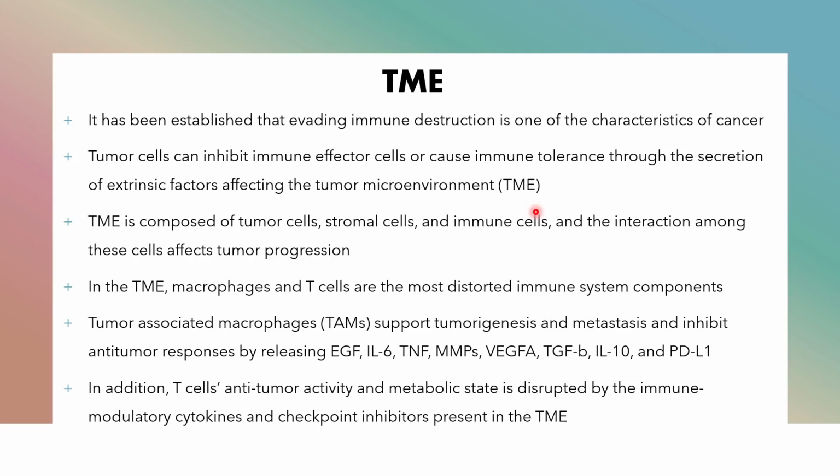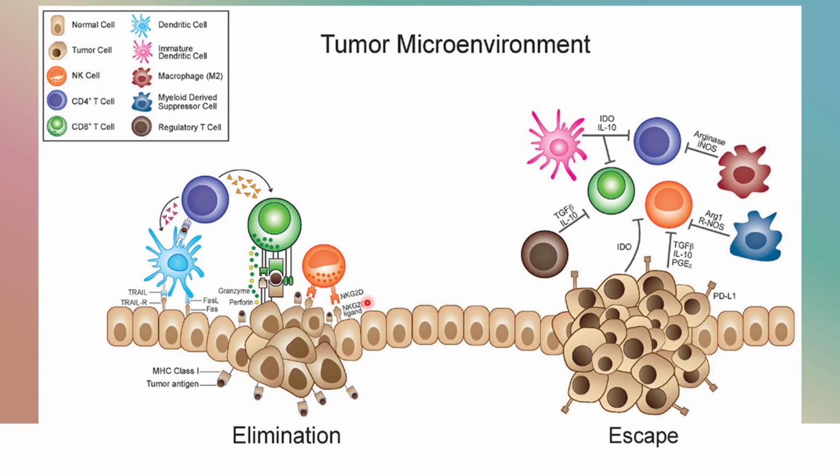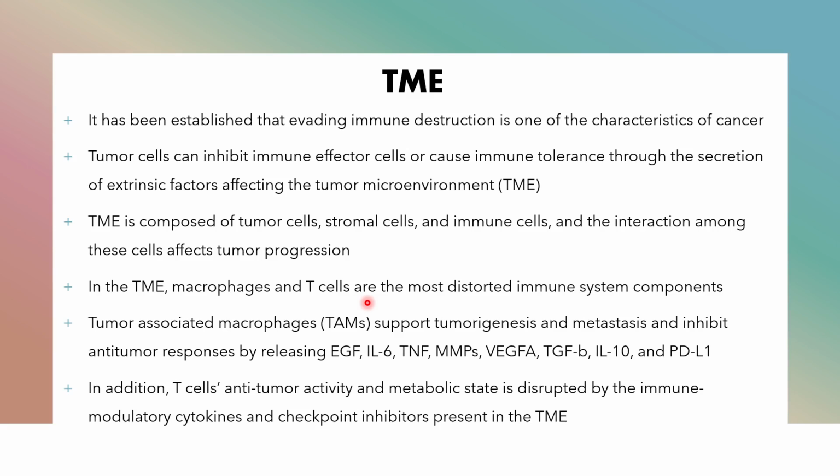That's why these two are called most distorted in the tumor microenvironment. Fine. I guess everyone is clear with the tumor microenvironment. This is the basic concept of cancer cell interaction with host non-tumor cells. Let's talk about it more in our upcoming slides.